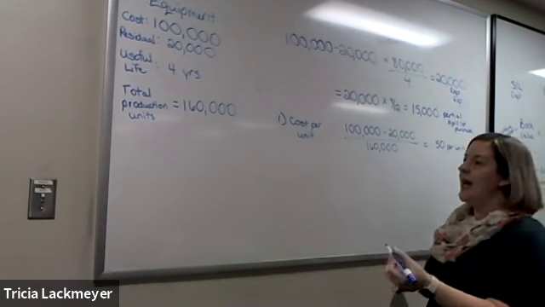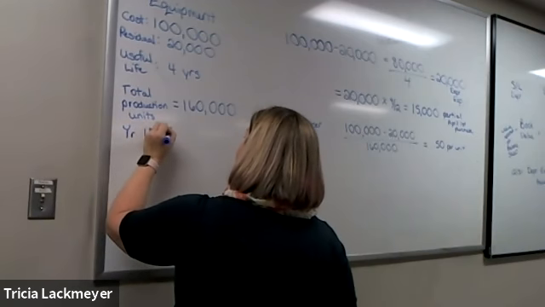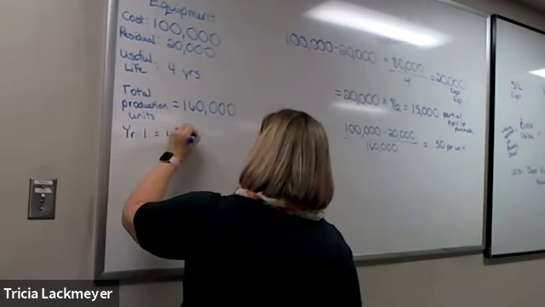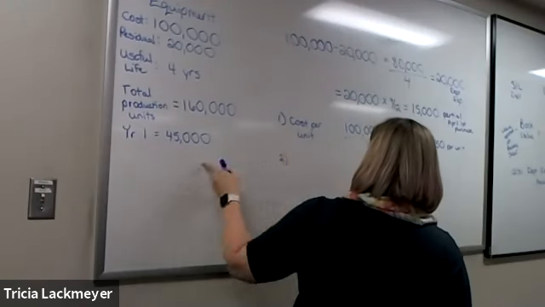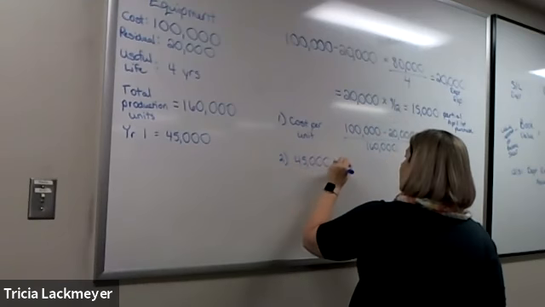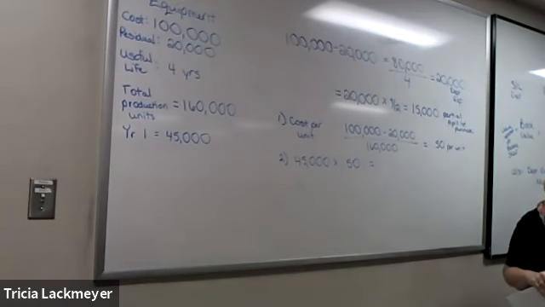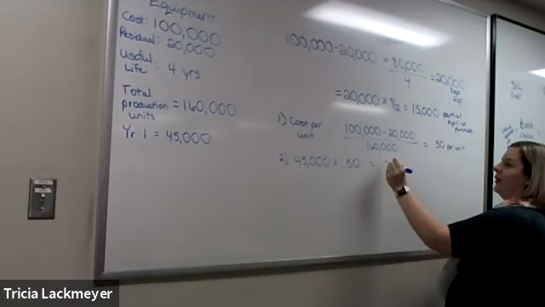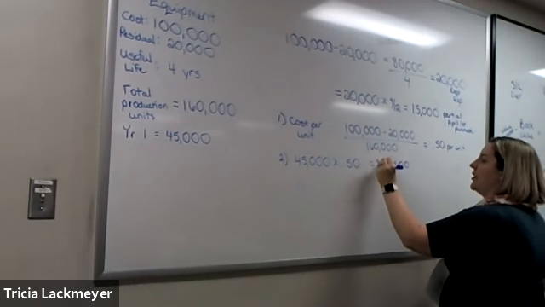With this one, say in year 1, I produced 45,000 units. Well, then all you have to do is take those units times your cost per unit. Should be 22,500, and that's my depreciation for year 1.